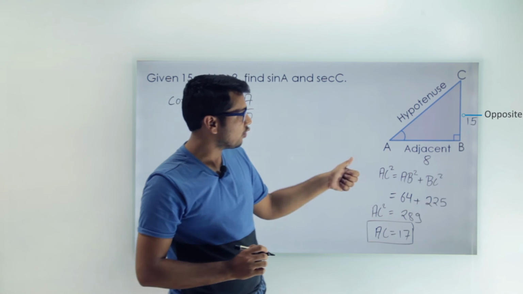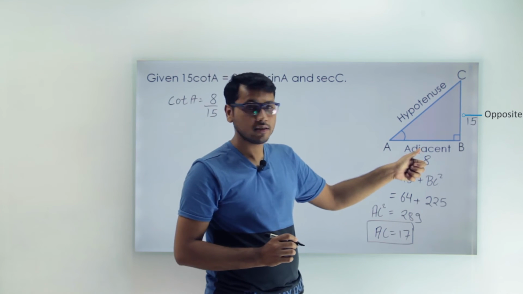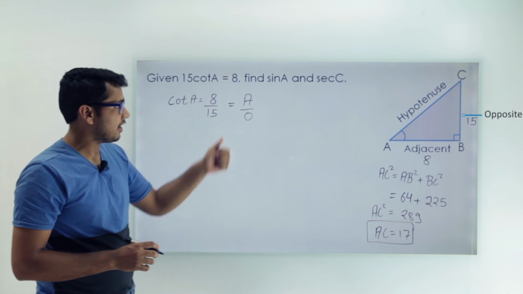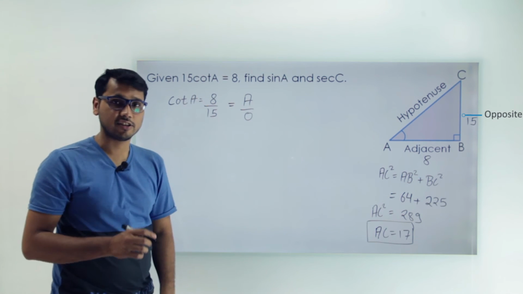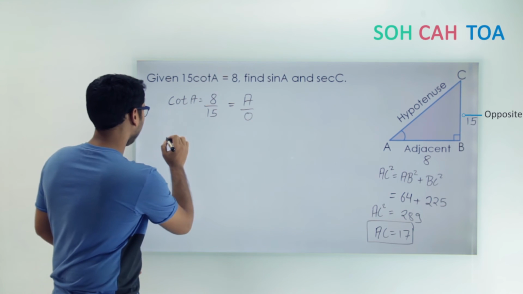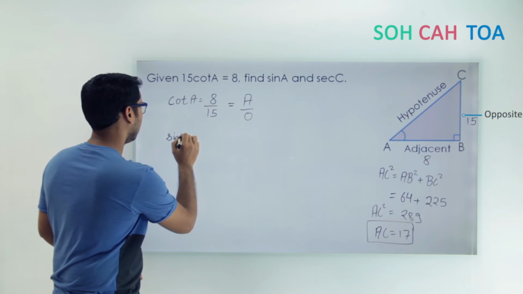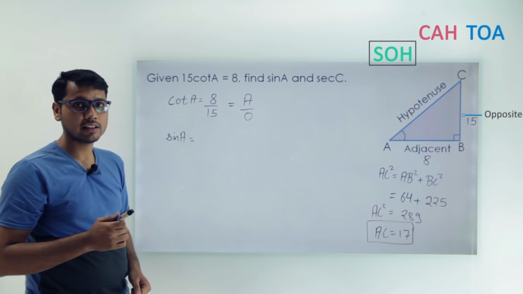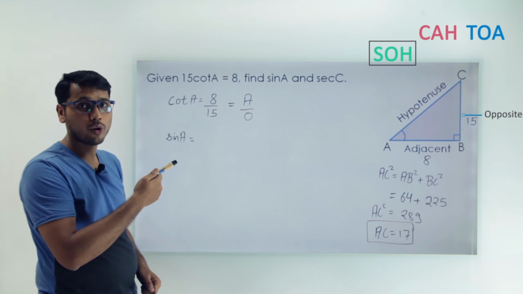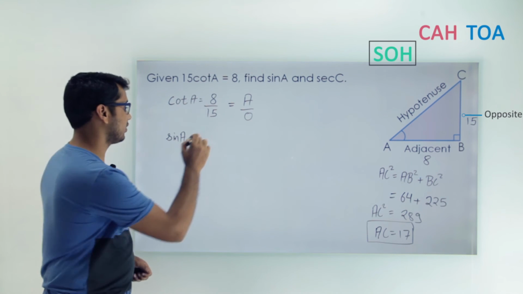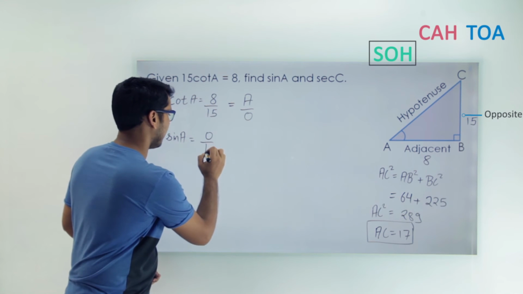Now we know all the values of AB, BC and AC, so we can find the value of sin A and sec C. Let's first find the value of sin A. What is sin A? SOH, opposite upon hypotenuse.